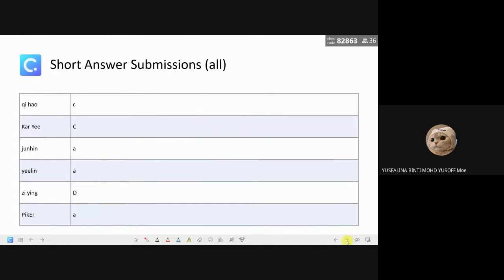Okay, very good. Some of you said A, D, B, A, but most of you got C. Can you understand why I said the graph is inversely proportional? You rearrange the formula and see the relationship between lambda and f. When f decreases, lambda increases, so this is inversely proportional.